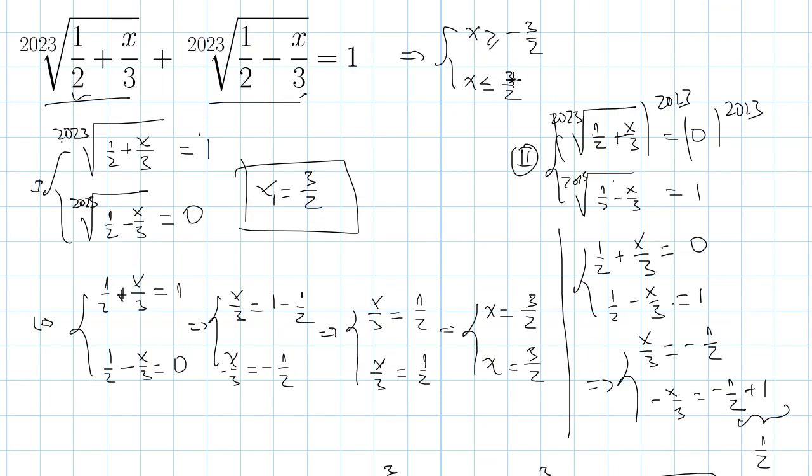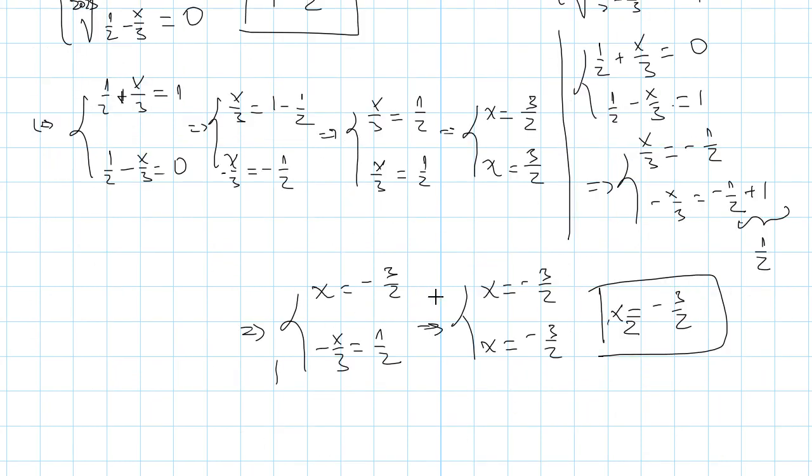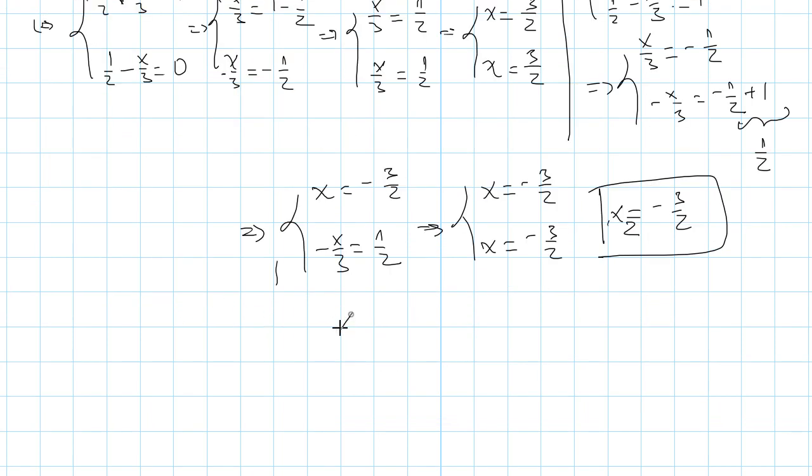Okay, so we have x1 equals 3/2, and the second equals -3/2. So our solution for the problem is x equals plus or minus 3/2.